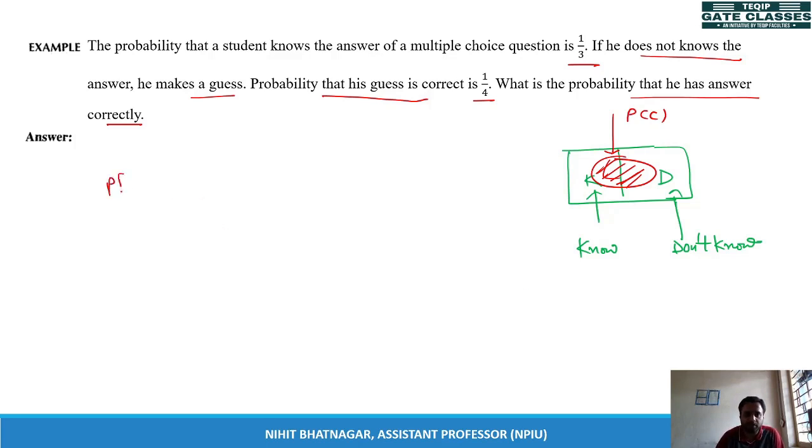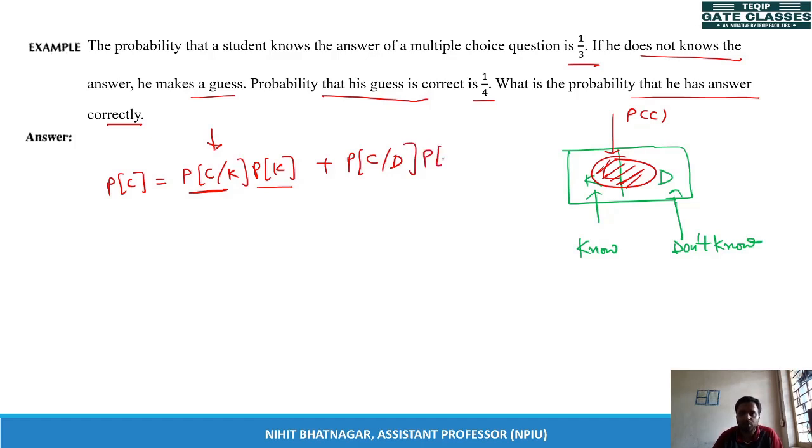PC is equal to the probability that the answer is correct if he knows the answer, into the probability that he knows the answer, plus the probability that the answer will be correct if he doesn't know the answer, into the probability that he doesn't know the answer.